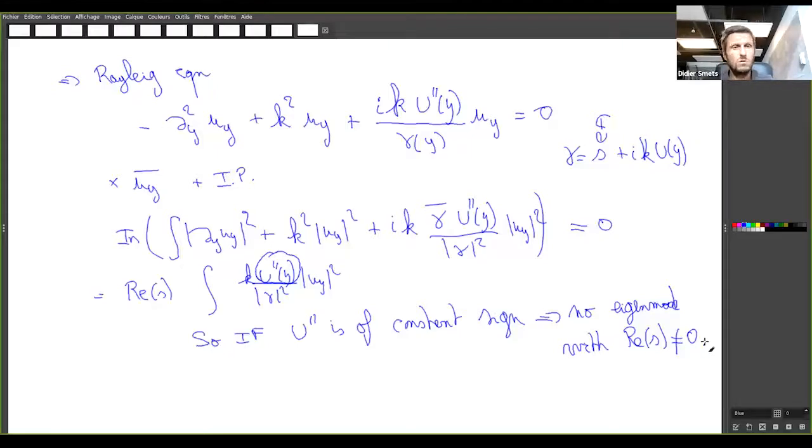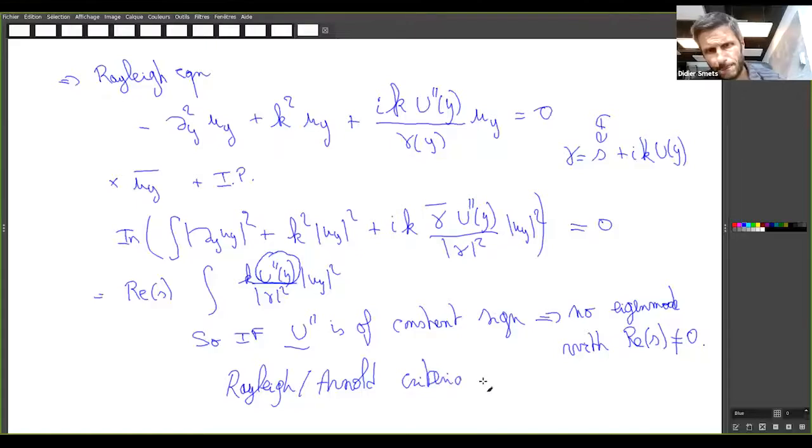Okay? So Rayleigh, I forgot an h here. So this is the classical no inflection point theorem. It's attributed, depending on the books, to Rayleigh, and sometimes it's also called the Rayleigh-Arnold criterion. Okay, so that was for shear flows.